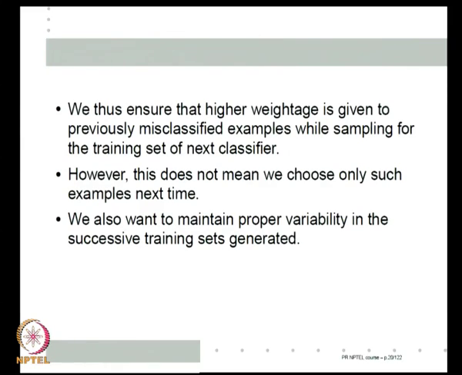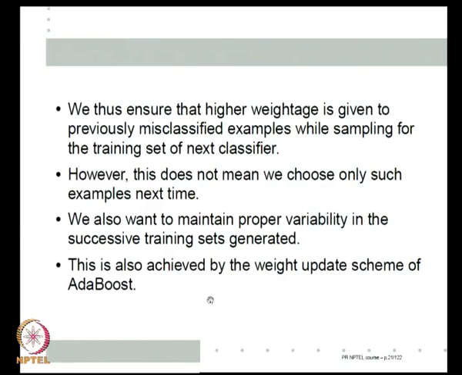We also want to maintain proper variability in the successive training sets that are generated. As you see, we want a good balance between misclassified examples and properly classified examples, right. So, this is also achieved by the weight update scheme of AdaBoost, right.